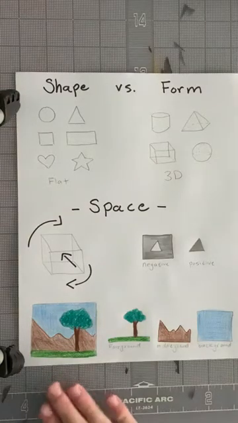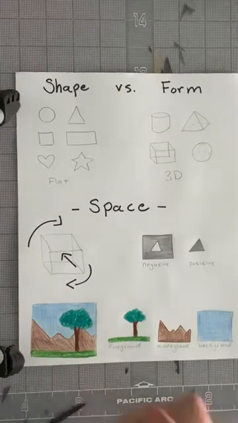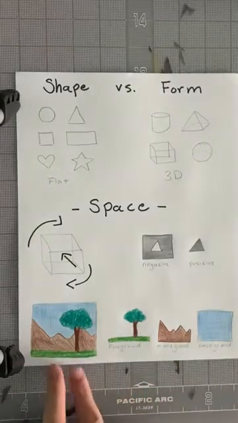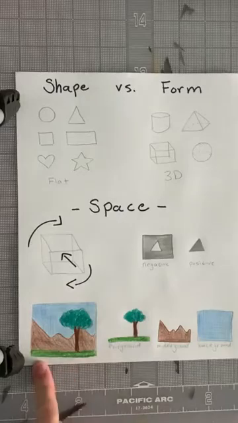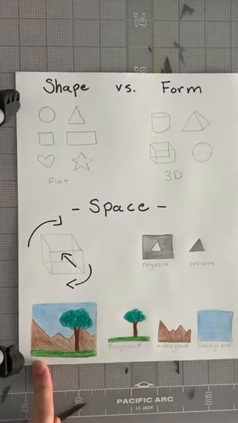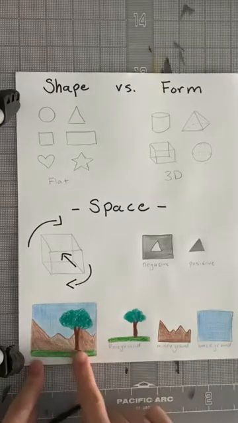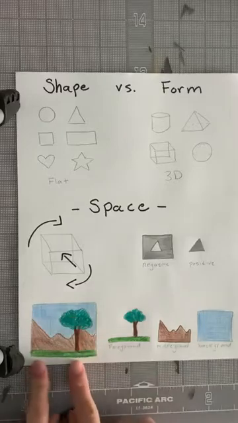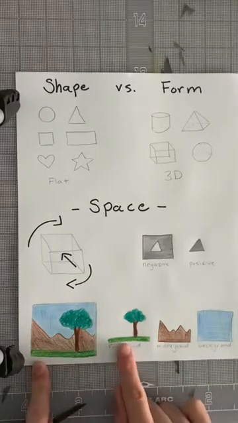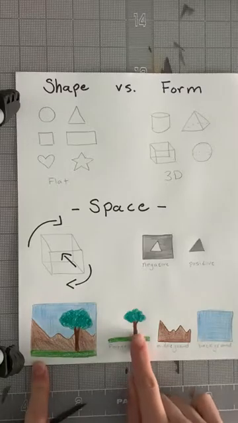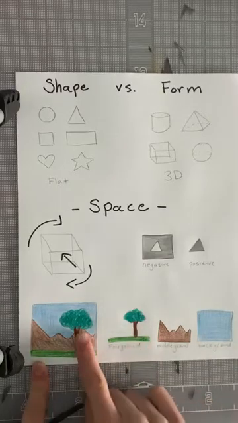Okay, very lovely, right? Now, if I was to cut that down, the very first thing that I would run into, if I could walk into this picture, the very first thing I would run into is the tree. The tree is right up front, and there is nothing blocking the tree. That is what we call the foreground. Okay? There is nothing blocking it.